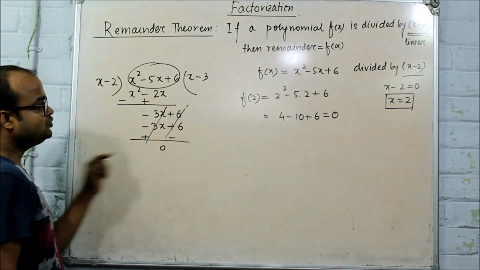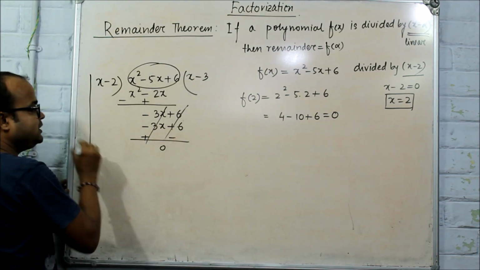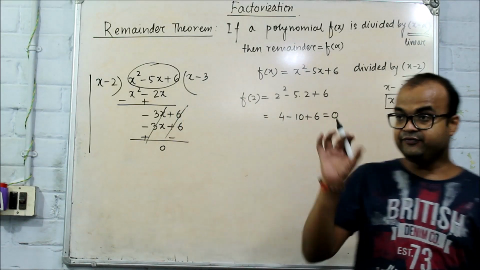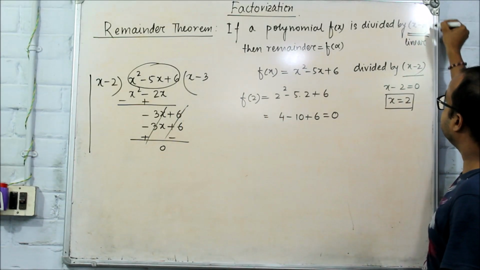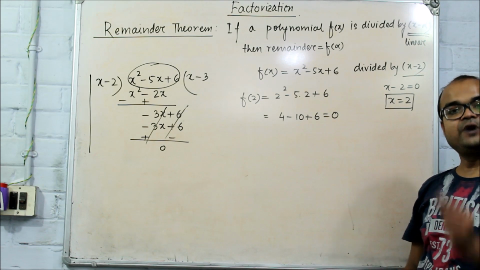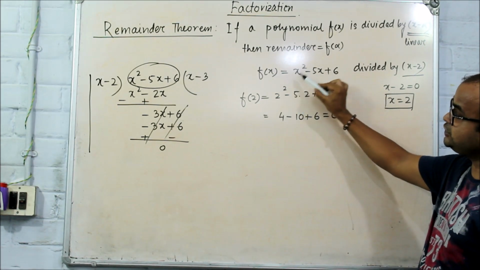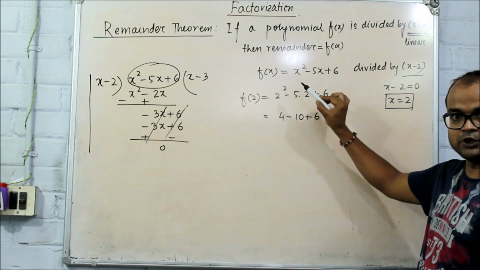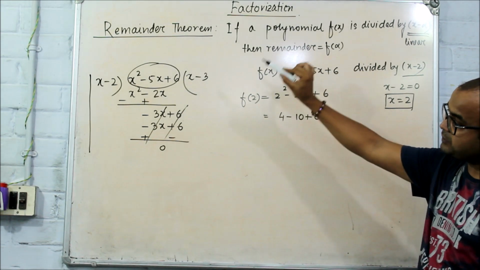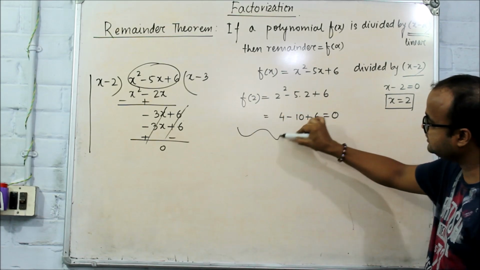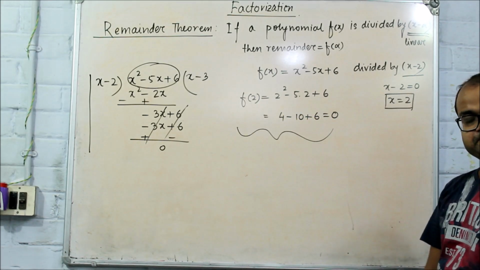See? So without performing the long division method, if we equate our divisor to 0, find the value of the variable, and substitute it in the given polynomial, you can directly get the remainder.